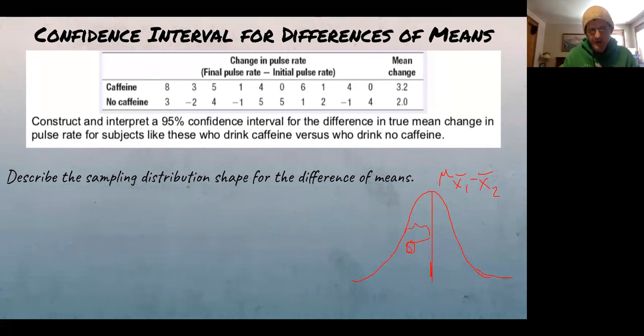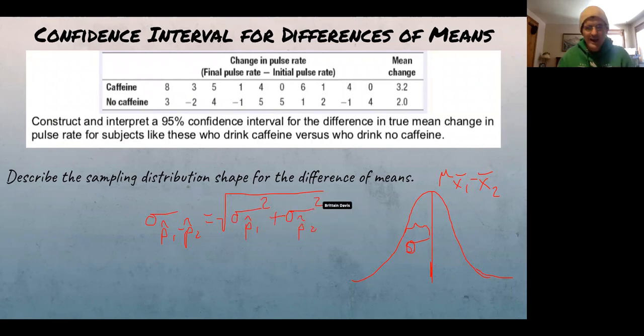We already found a standard deviation when we were looking at proportions. What we found is that if I wanted the standard deviation of proportion 1 minus proportion 2, then that was going to be the square root of the variance of proportion 1 plus the variance of proportion 2. So we added the variances, and that's how we came up with our standard deviation.